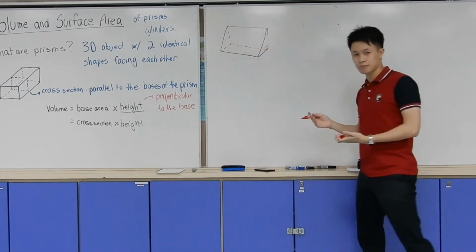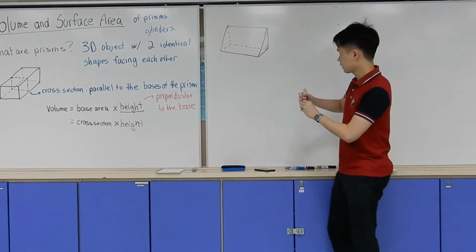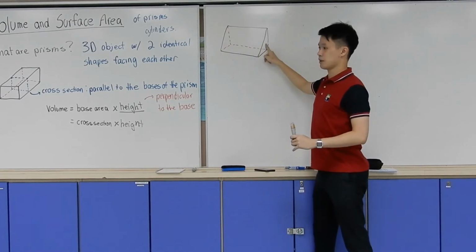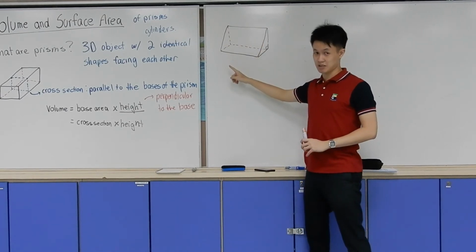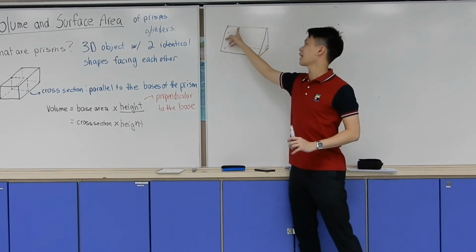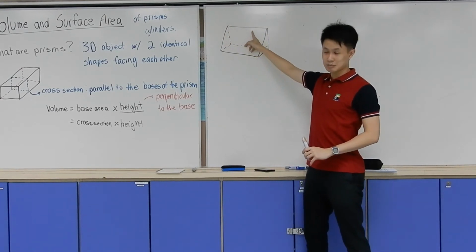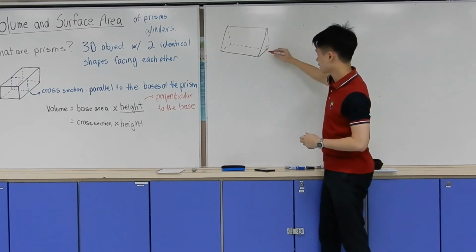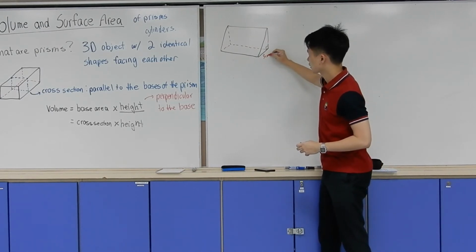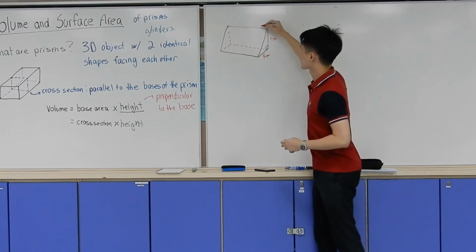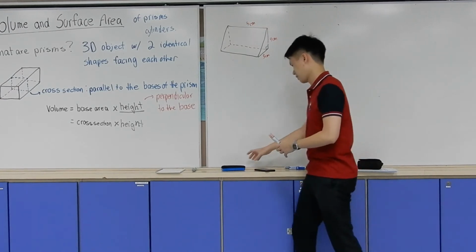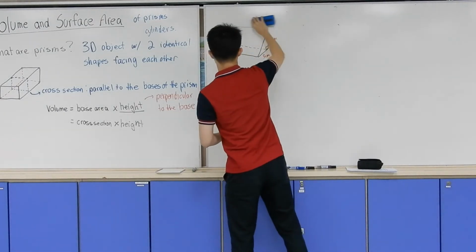Is this a prism? Yes, it is. If I treat this triangle as the base, they are parallel and identical to each other, and this height is perpendicular to the base. Let's say this side is 3 cm, this is 4 cm, and the height is 10 cm.